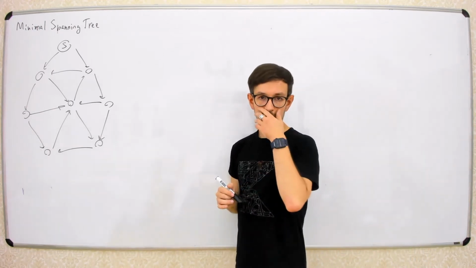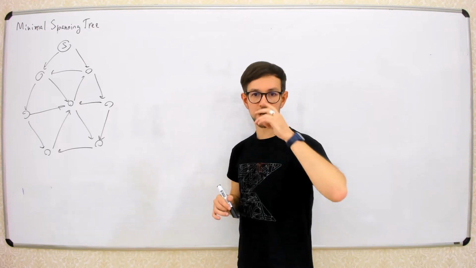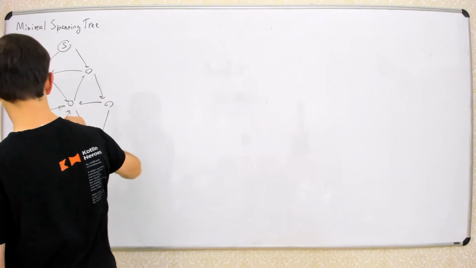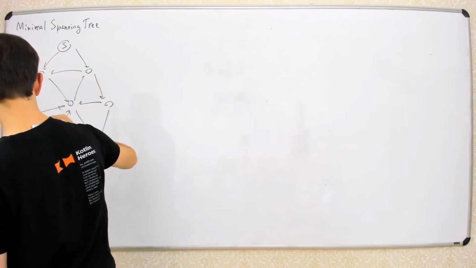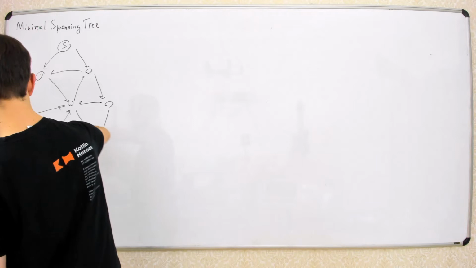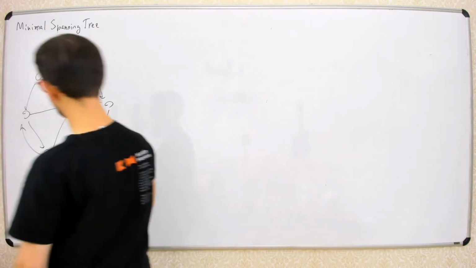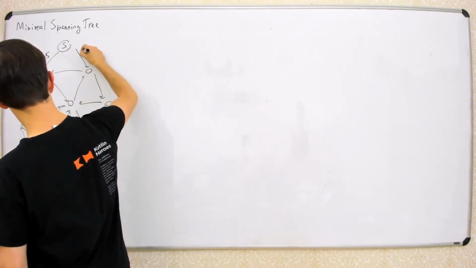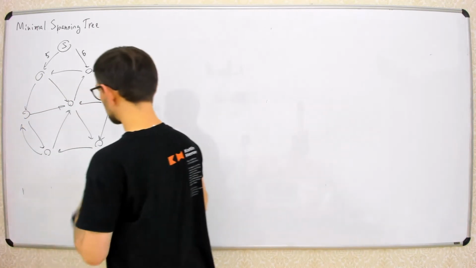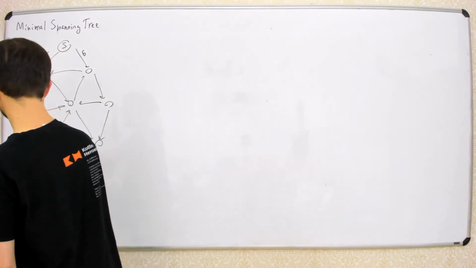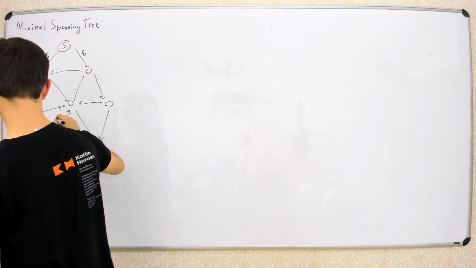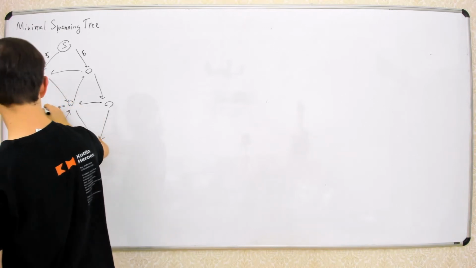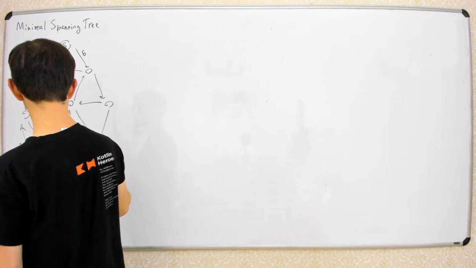And again, let's say every edge has a weight. So let's put some weights here. Let's have 2 edges here, just to make it more interesting. Let's say 5, 6, 3 and 1. Sorry, let's say 6 here, 5 here.